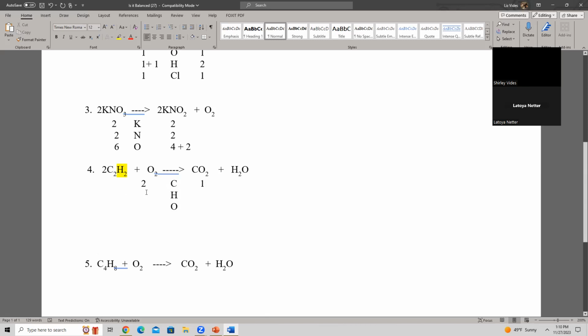And then this one has 2. Remember, we haven't yet multiplied it at this point when we're looking at it. This one has 2 hydrogens on this side, and then this one has 2, and this one has 2 plus 1. And this is where you would know what to do.